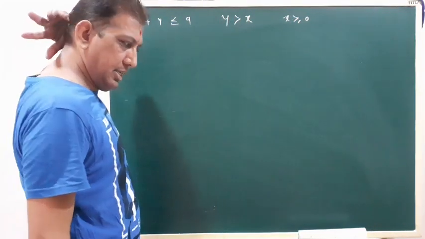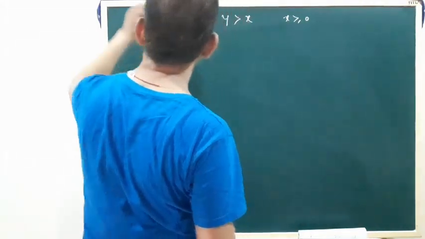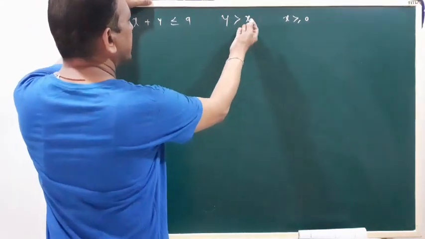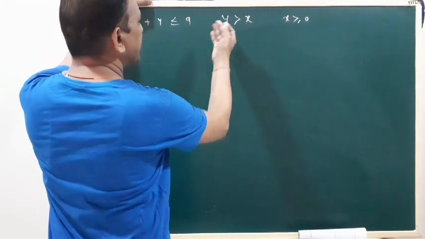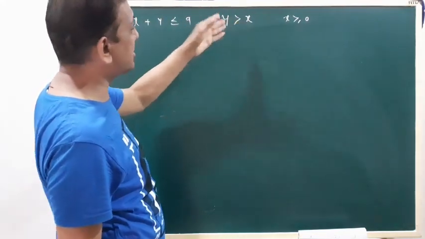x is greater than or equal to 0. Here x positive, y positive, x negative and y negative. The constant term is not given, so the line y equal to x passes through the origin and the first and third quadrants.